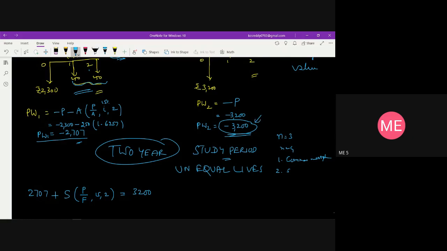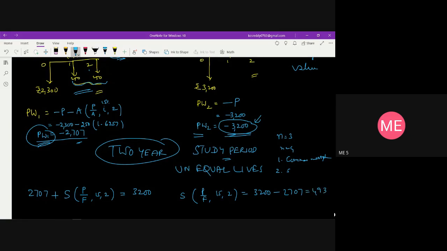The salvage value for A2, asset 2, makes the present worth of asset 2 equal to the present worth of asset 1. By this equation, S into P by F, comma 15, comma 2, is equal to 3,200 minus 2,707, which will give around 493.